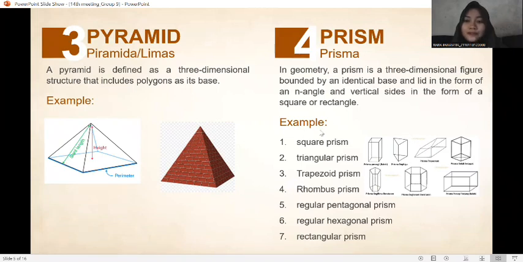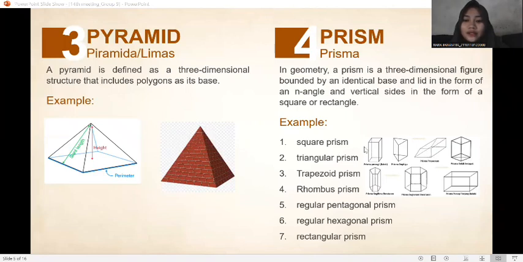Next is prism. Prism in Indonesian is prisma. In geometry, a prism is a three-dimensional figure bounded by identical bases in the form of an angle and vertical sides in the form of a square or rectangle.